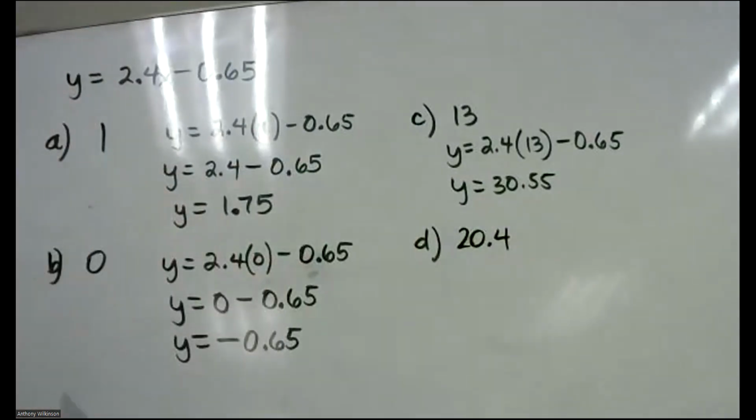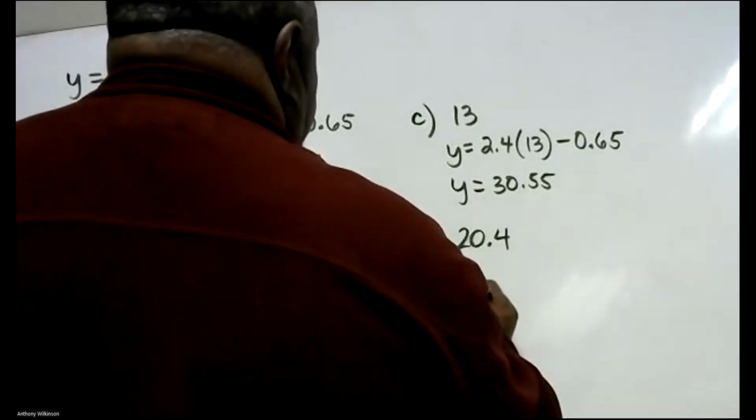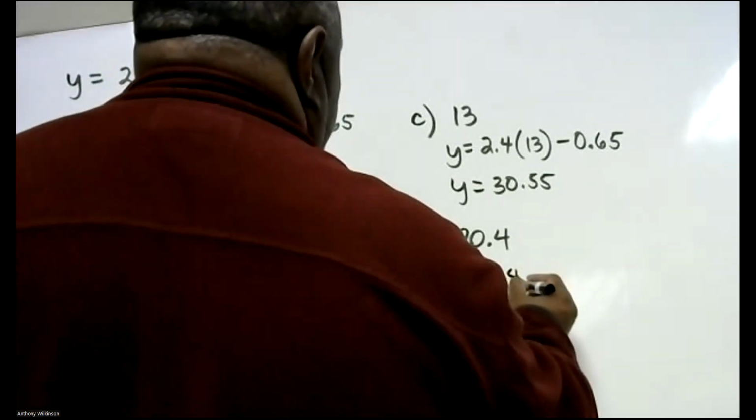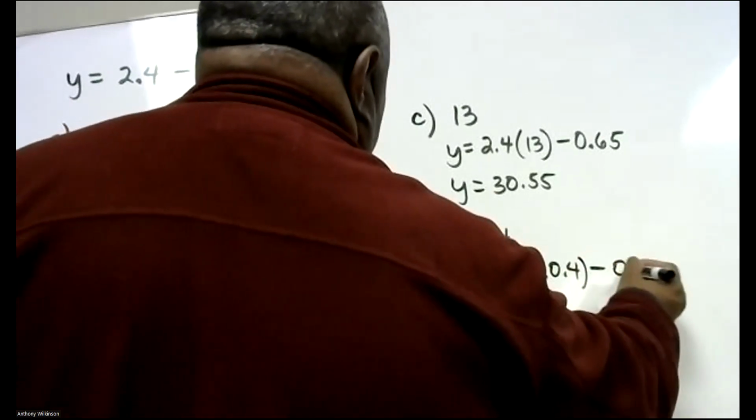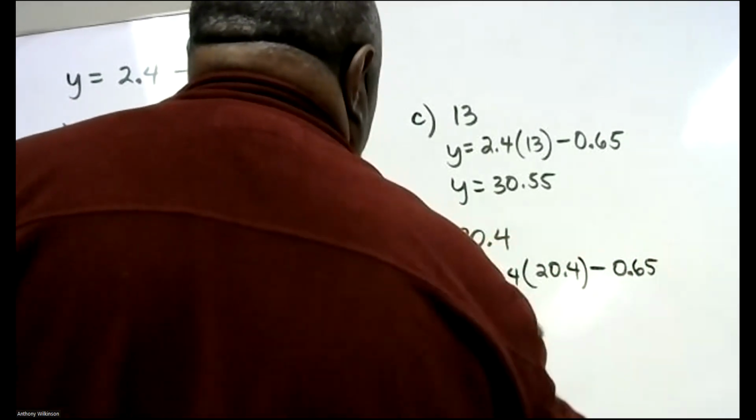And part D would be 20.4. So in this case, y is equal to 2.4 multiplied by 20.4 minus 0.65.